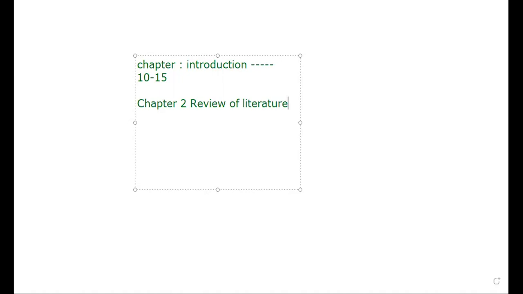You can refer to books, theses, dissertations. Even online books are a part of your review of literature.